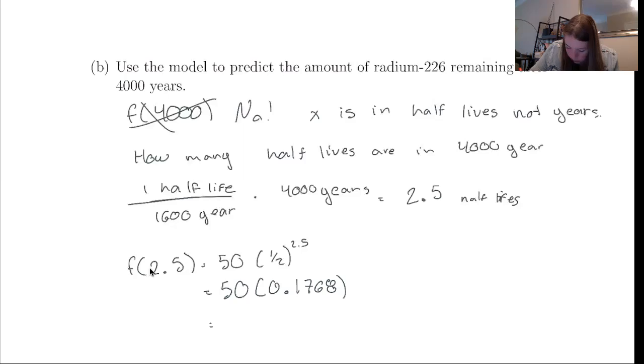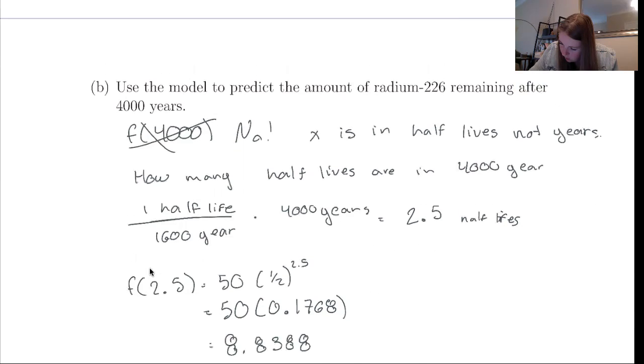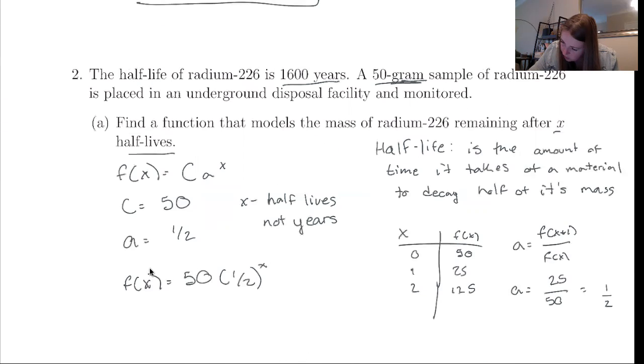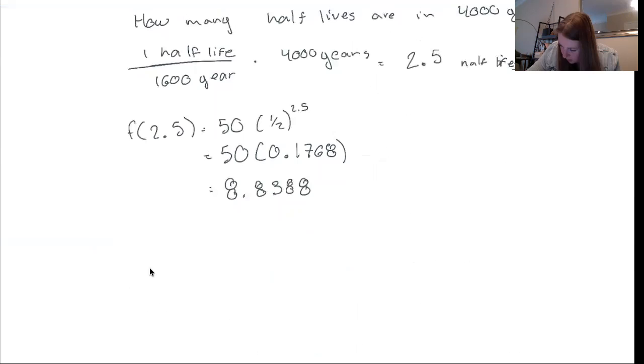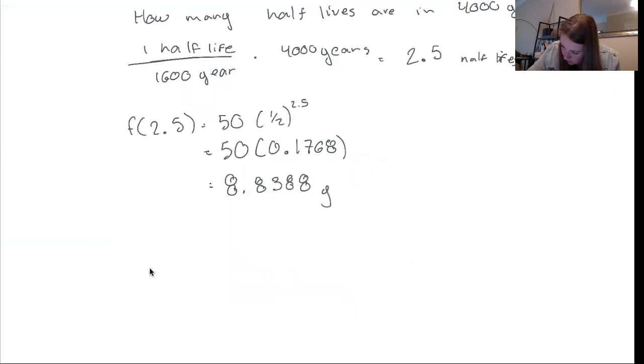And this is going to equal 8.8388. What are my units? Grams? Okay. Grams. Just put a g. And that's how many grams you're going to be left with in 4,000 years. It's pretty crazy, but your half-life's really long.